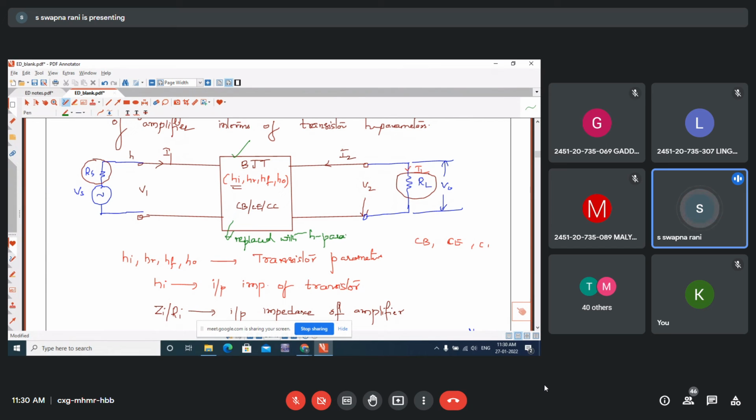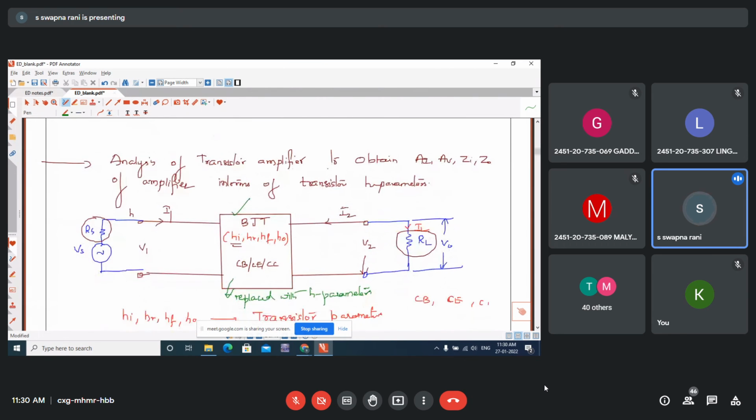Now, once we replace the BJT with the H parameter model, you have to derive the expressions for current gain, voltage gain, input impedance and output impedance of the amplifier, because the circuit contains H parameters, RS and RL.